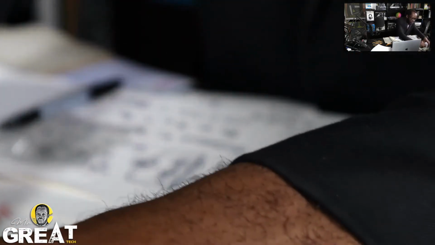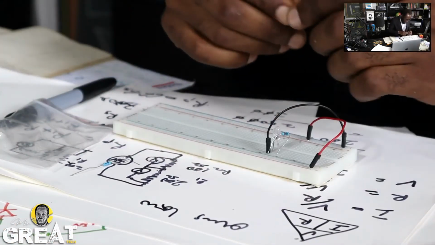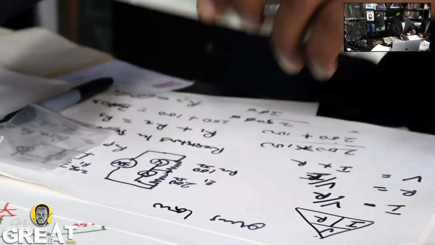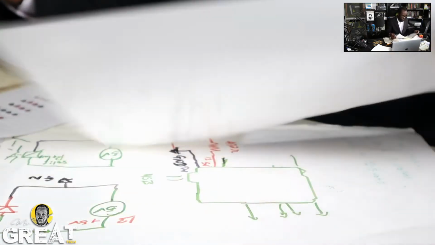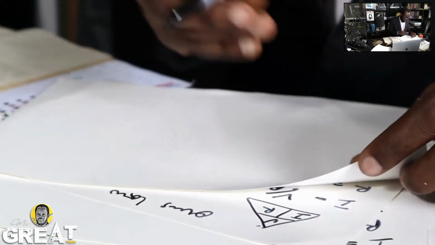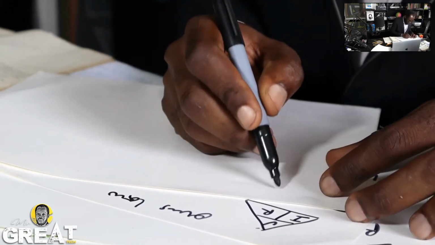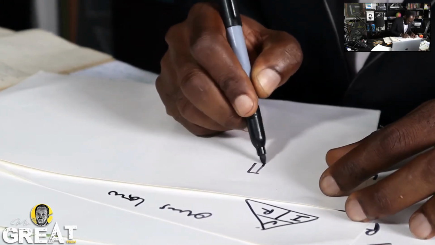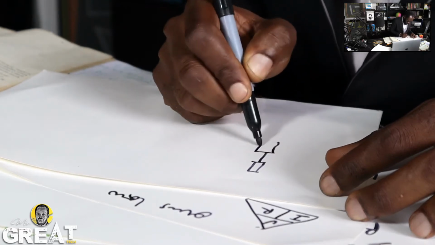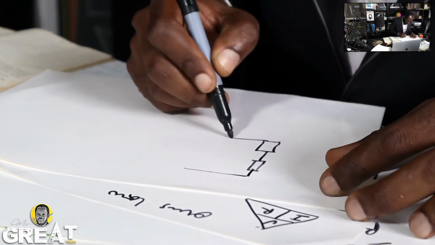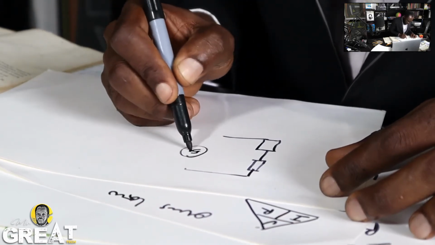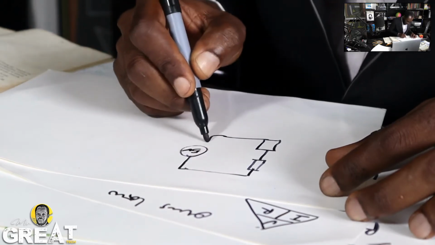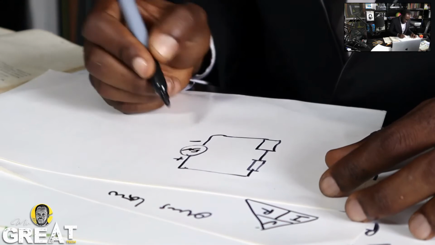So now we go to our breadboard and connect them in series, just like we said. Let me draw the circuit diagram so that we can go ahead and make our connections. So we have a 5 volts supply, you have plus, you have minus.